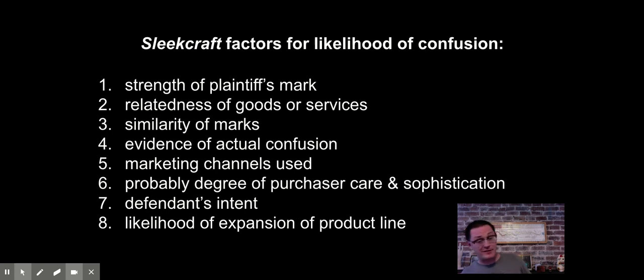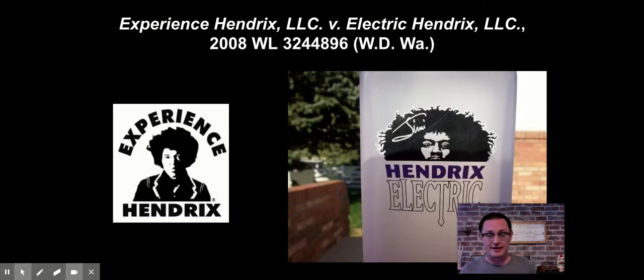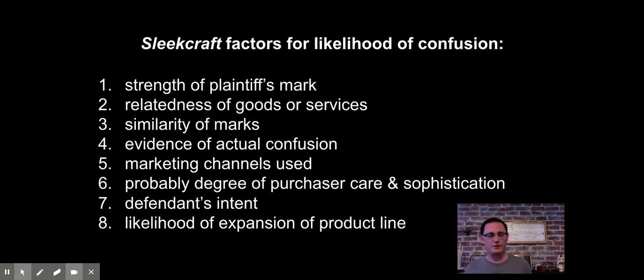Now, query whether that's the right way to think about this, right? To the extent that Experience Hendrix is using the Jimi Hendrix name and likeness as anything, is it using it as a trademark to indicate the source of the products, or is it using it as a way of associating the products with Jimi Hendrix, right? And if the latter, is that a trademark use or not?